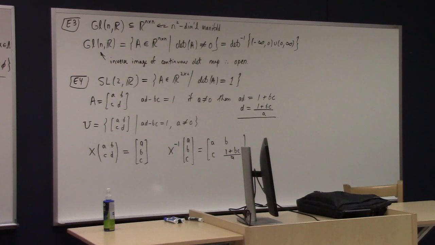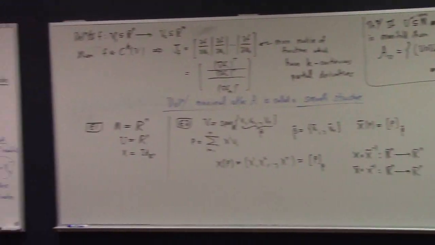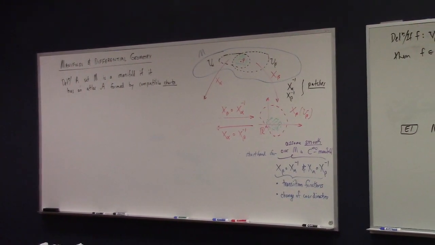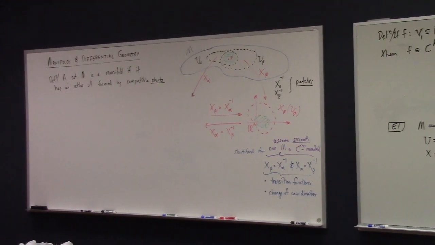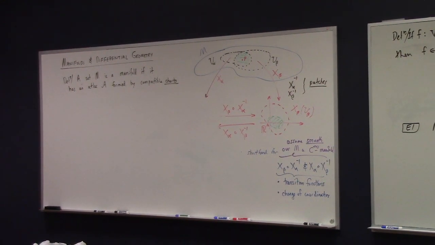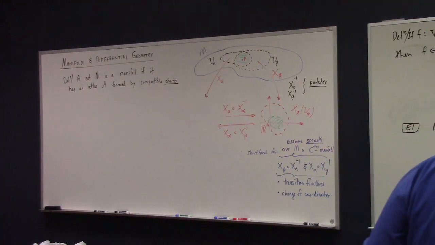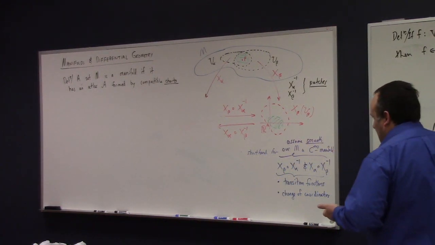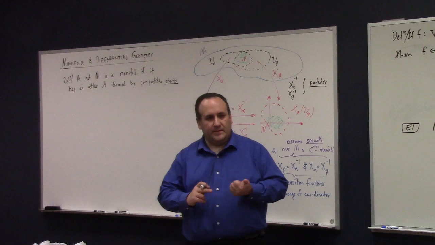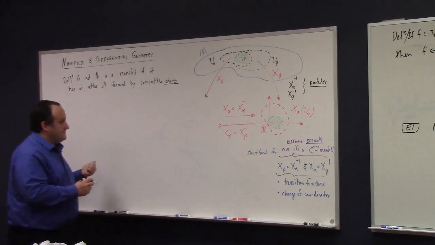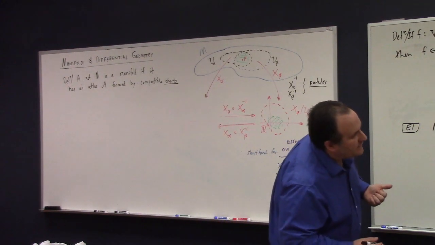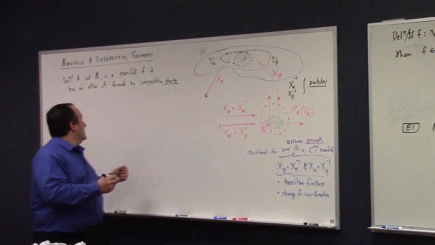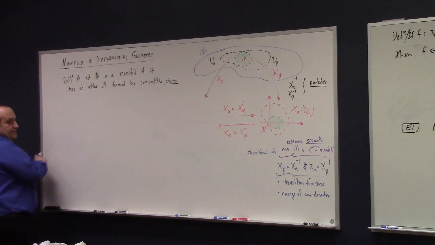There are, of course, more examples, obviously. Let me just use words for a second here to talk about the other examples for today. Other examples include spheres in n dimension, right? You can talk about spheres.